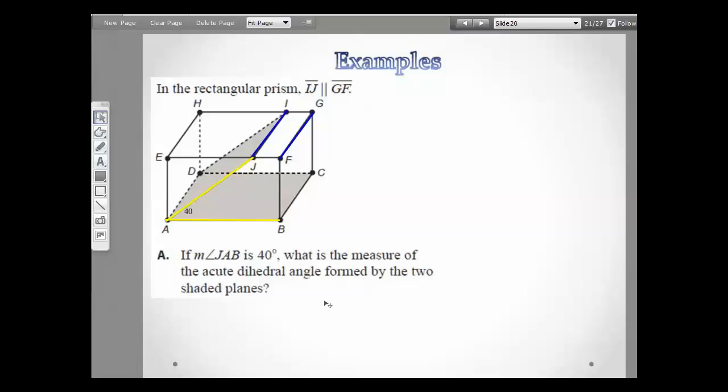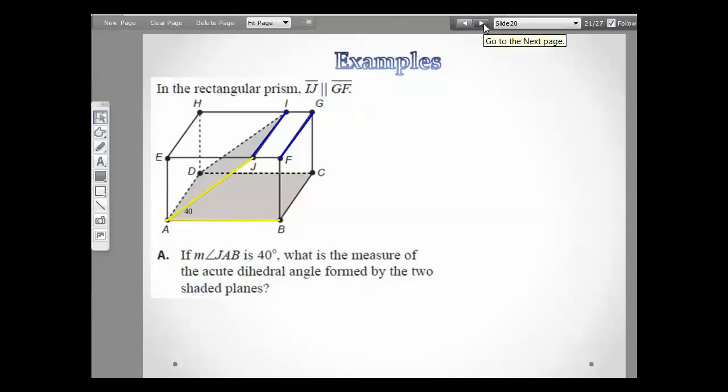What is the measure of the acute dihedral angle formed by the 2 shaded planes? Wouldn't it just be 40 degrees? Because if I went this way, it would be 140. So it has to be 40 degrees.